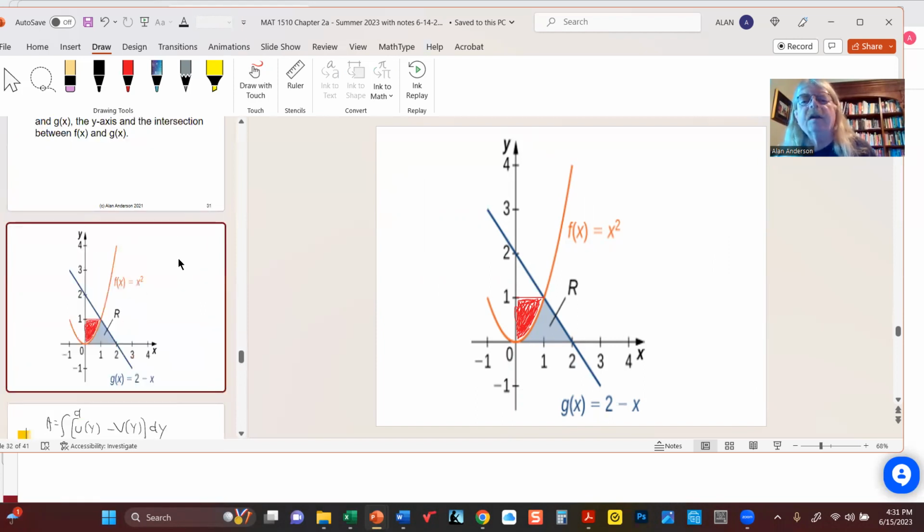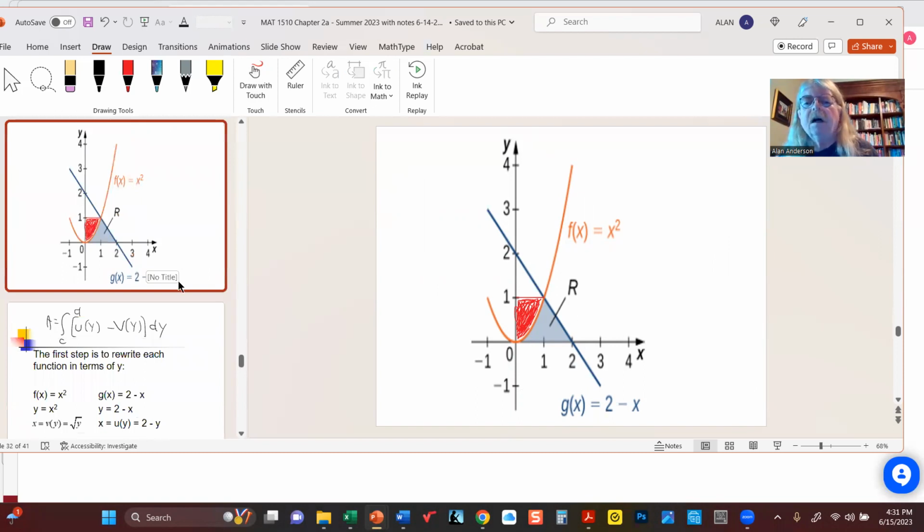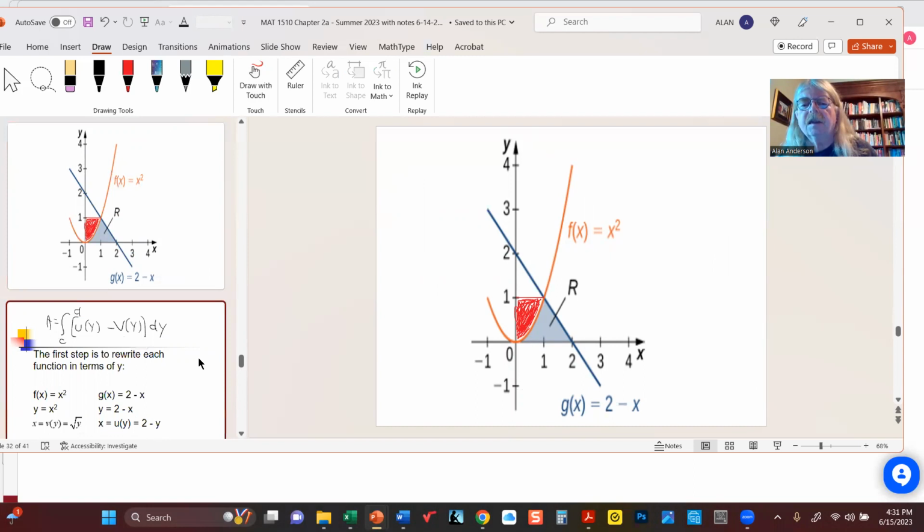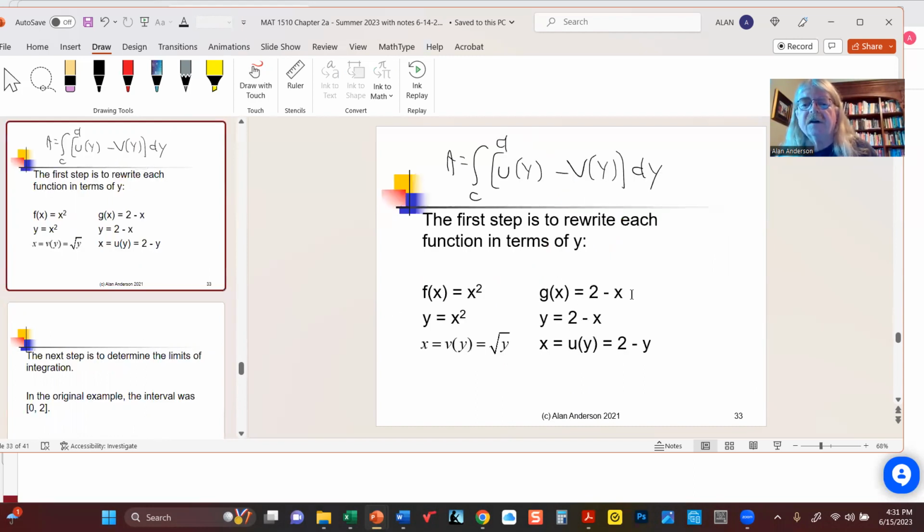But anyway, with that in mind, what we have to do first is take the existing functions, and it doesn't really matter which one becomes u and which one is v. Let's just say the f of x becomes v of y. Just remember that f of x equals x squared is the same thing as saying that y equals x squared.